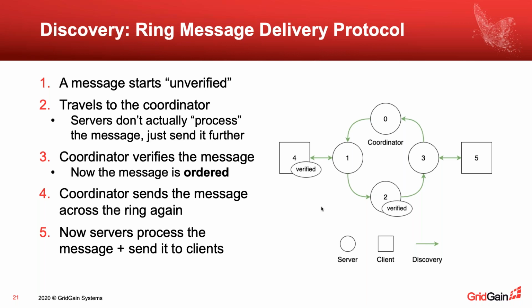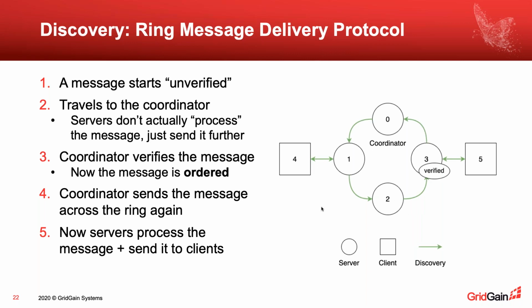And node number 1 sends that verified message further. Now it sends it to clients as well as to the servers, and now the client and the server will also process this message.